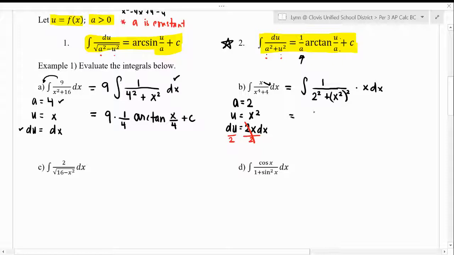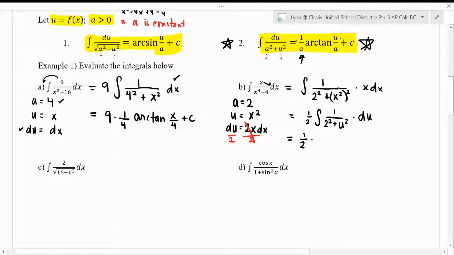Unfortunately. So we have the integral of 1 over 2 squared, and then x squared is u. And then x dx is going to be 1/2 du, but I will pull that 1/2 over. All right, so now we're going to just go right back up to here again and follow that pattern. So we have the 1/2 that we already had from the du dx substitution.